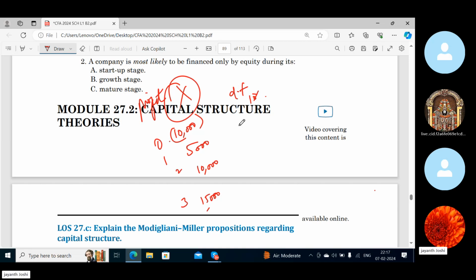Now, 0.9090, 0.8264, 0.7513. Add all this.